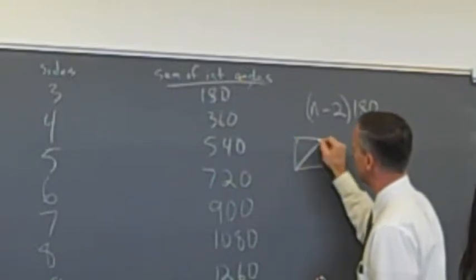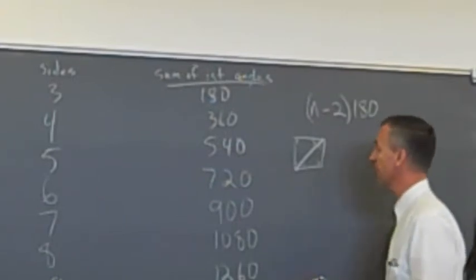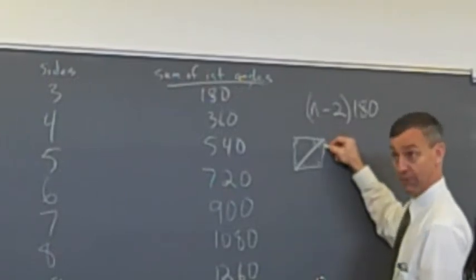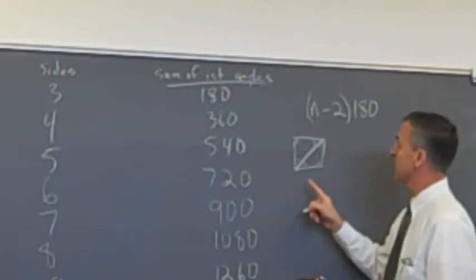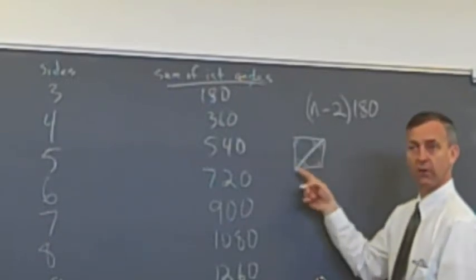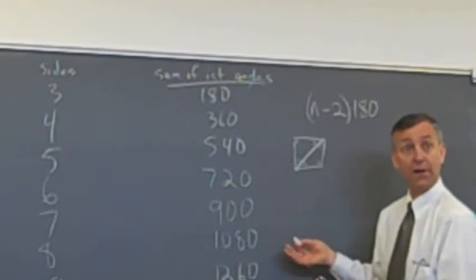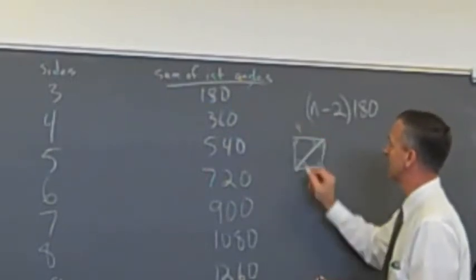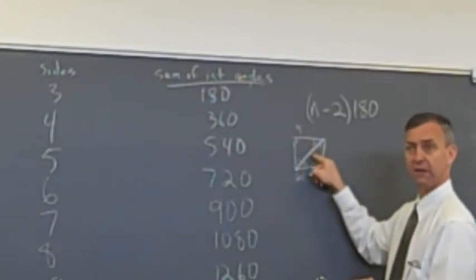So 1 plus 2 plus 3 would be 180, and 4 plus 5 plus 6 would be 180, right? But you'll notice that this angle of the quadrilateral is made up of 3 and 5, and this angle of the quadrilateral is made up of 1 and 4. So if I add 1, 2, 3, 5, 6, and 4, I should get the total number, right? Well, that's just 2 180s, right? So when I had 4-sided, I took 2 times 180, because there were 2 triangles in there.